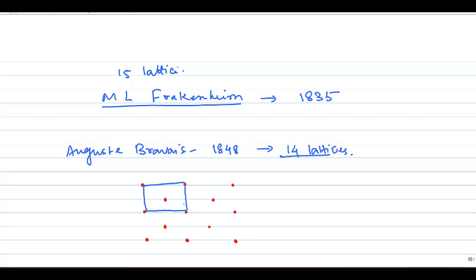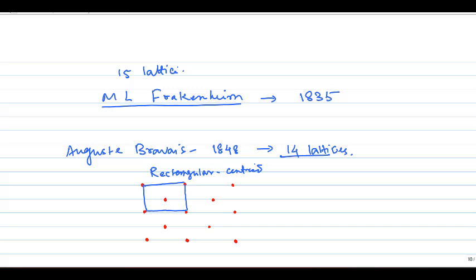And in the 2D space, this will be a rectangular centered unit cell, because at the center also you have a lattice point, right? So this is a rectangular centered lattice.